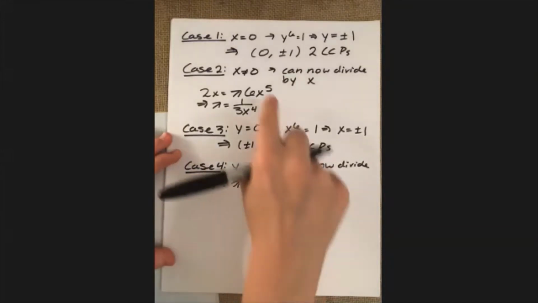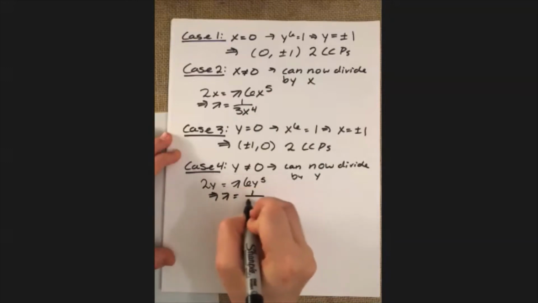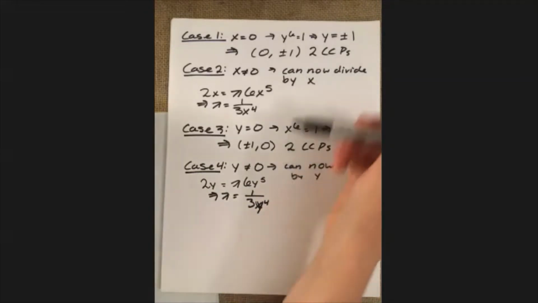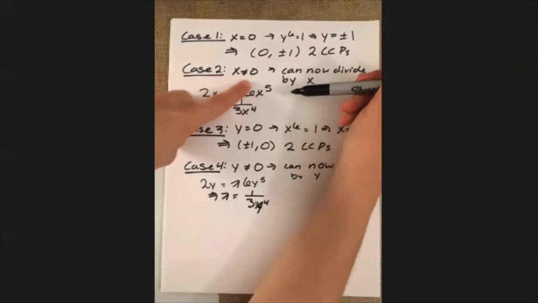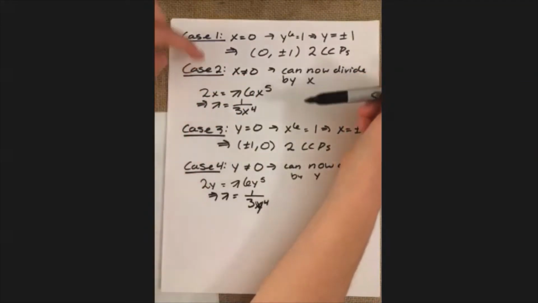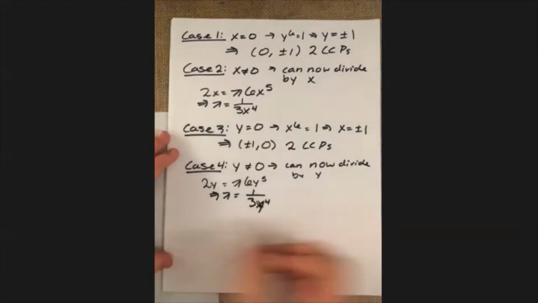We rearrange this the same way that we did here, and we get that lambda is equal to 1 over 3y to the 4th. There we go. And so assuming that y is not equal to 0, and then borrowing this information that we had from the case where x is not equal to 0, we can now put these two pieces of information together.